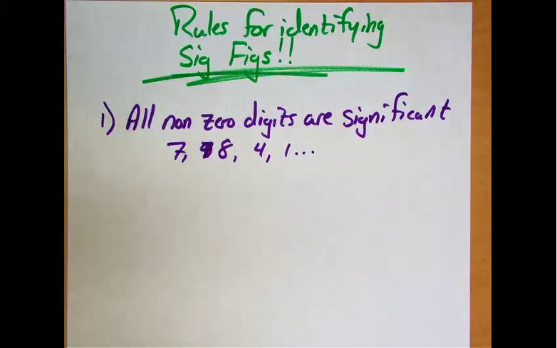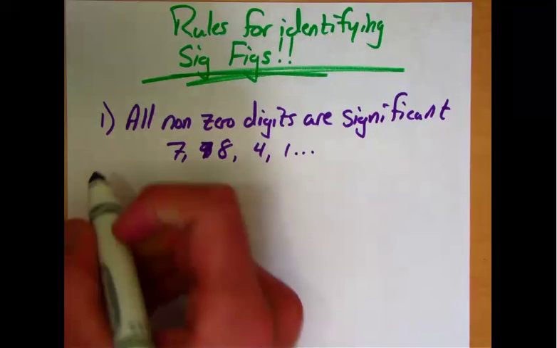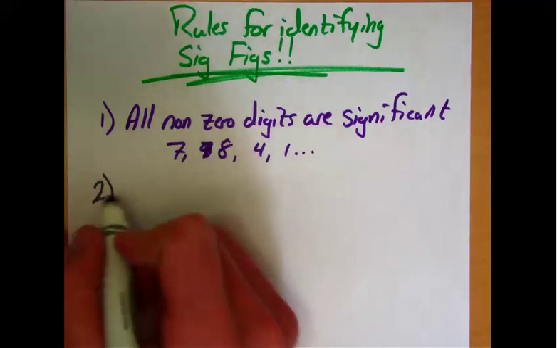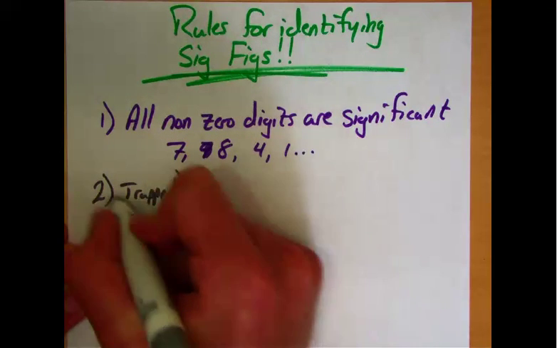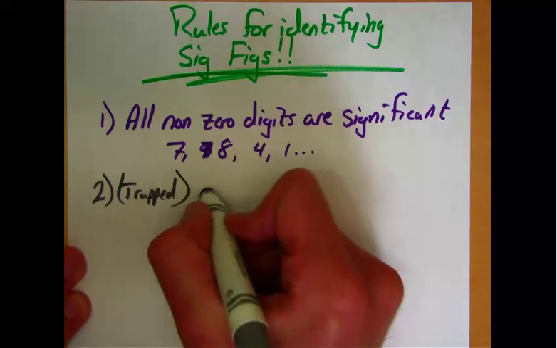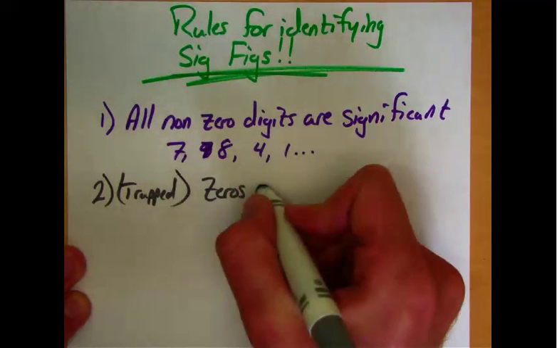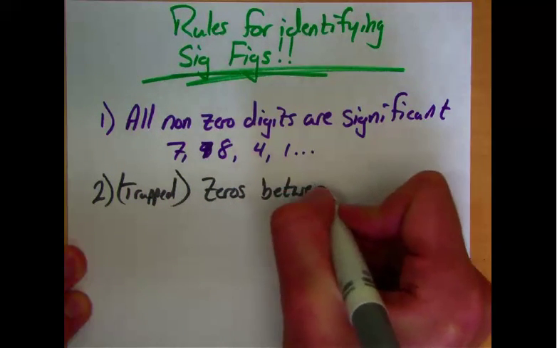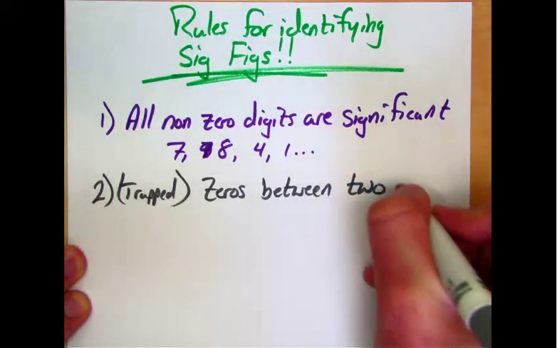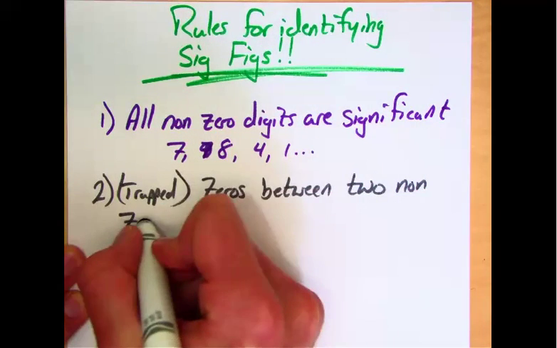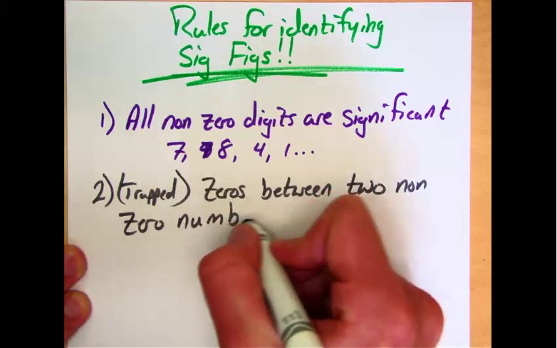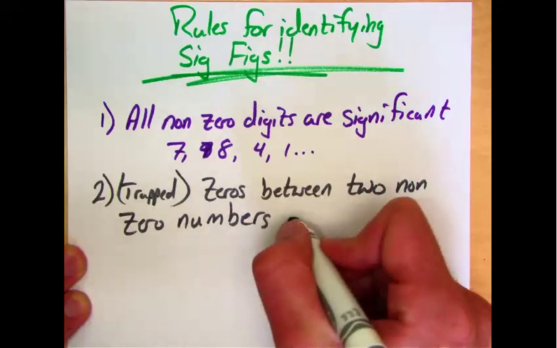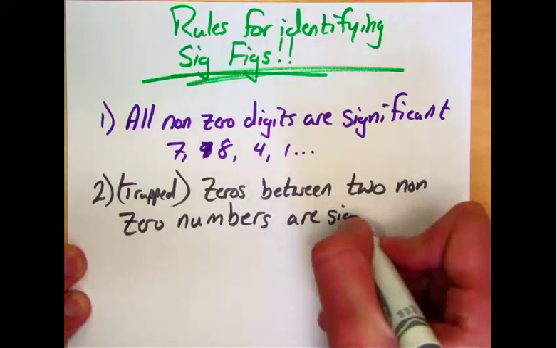Perfect. Next, that leads us to our second rule, our first rule of our 3 for zeros. These are for what I call my trapped zeros. So, this rule is that zeros between 2 non-zero numbers, so these are zeros that are trapped between 2 significant digits, they are significant.